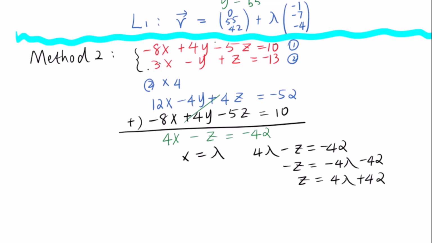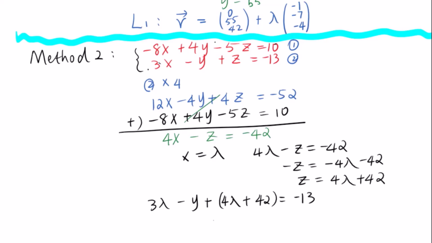Then we substitute x, z into equation 2 to figure out y. 3 lambda minus y plus 4 lambda plus 42 equals negative 13.